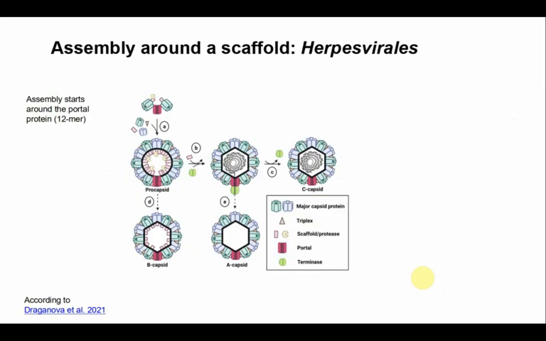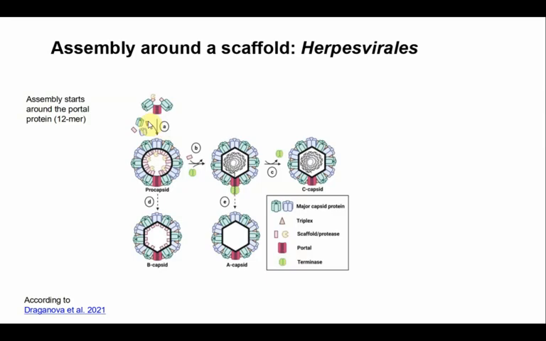Okay, so how about herpes viruses? This is an example of construction around a scaffold. This is all happening inside the nucleus. And the first thing that is going to happen is that the capsid formation is going to start with this portal complex.